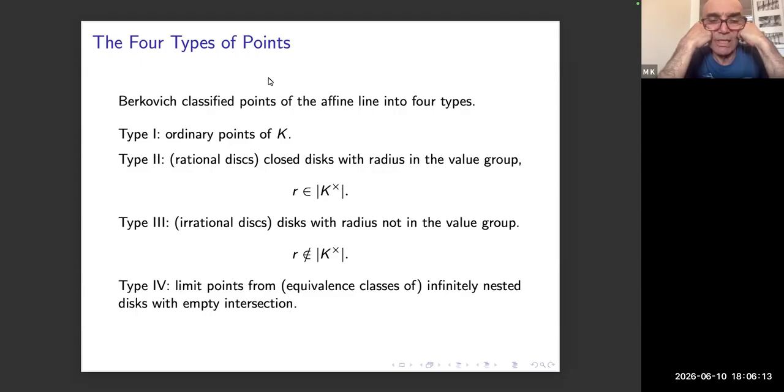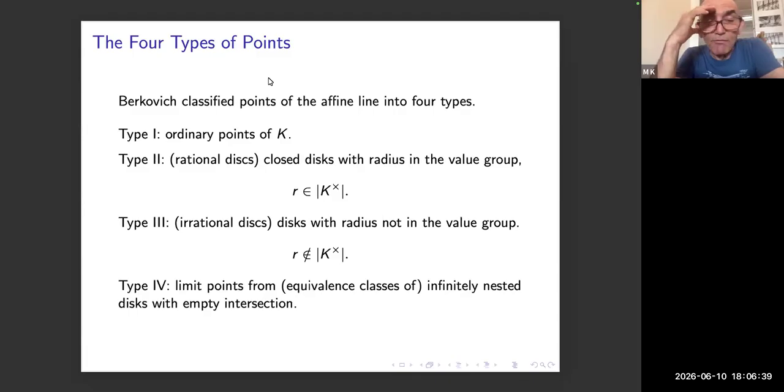And in the type 3 case, we can call them irrational disks, although irrationality maybe is not the right word, but it's called irrational disks. So these are disks with radius not in the value group, but they're still of disk type.